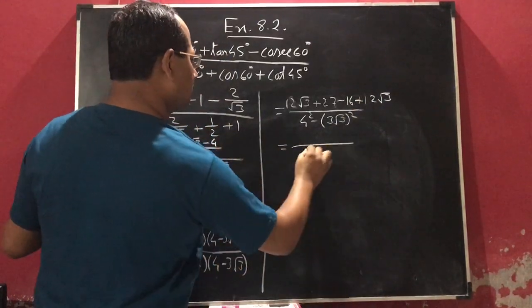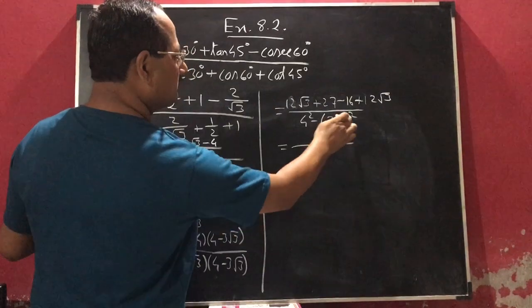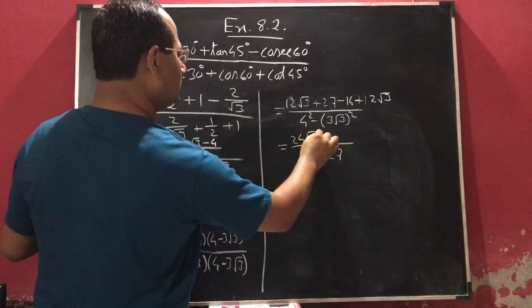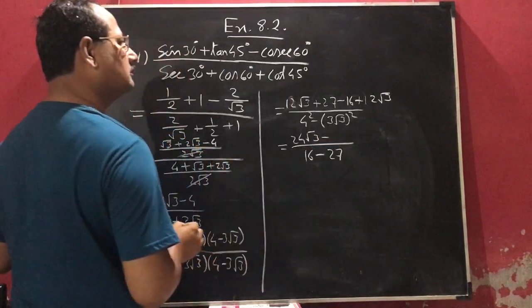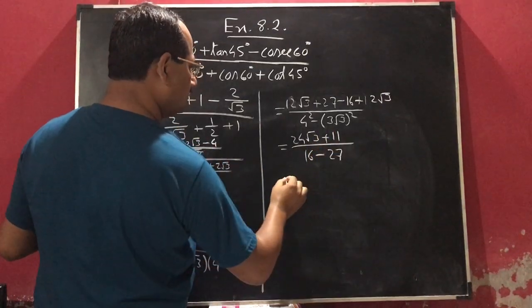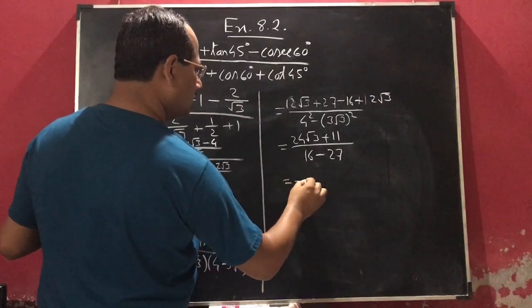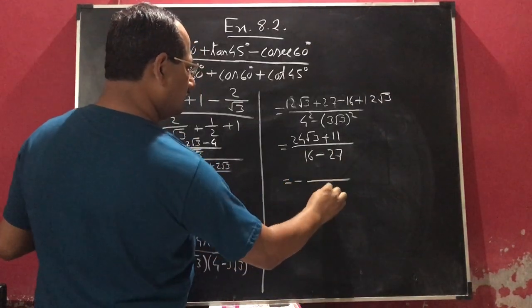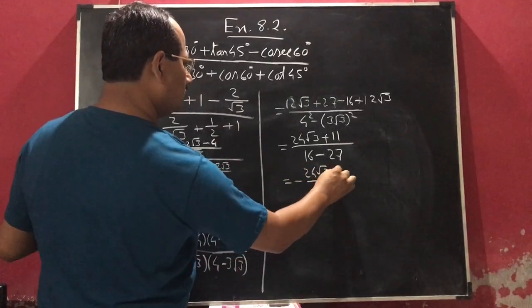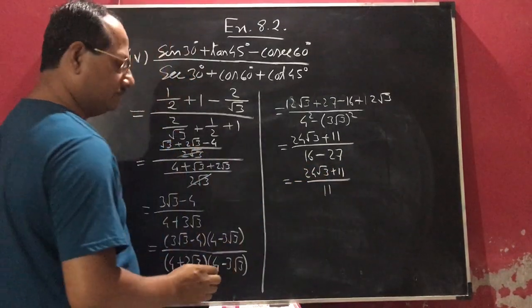And it is equal to 16 minus 27, 24 root 3 minus 11. It is equal to minus of 11, 24 root 3 plus 11.